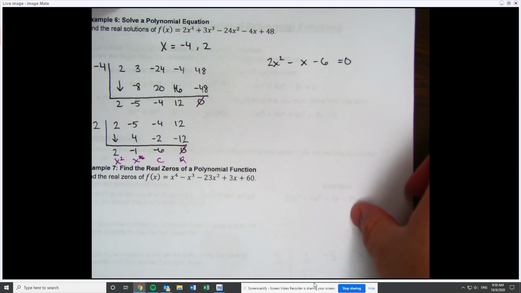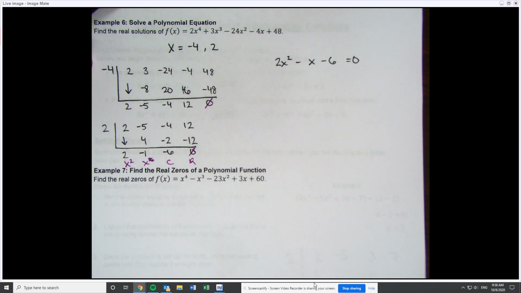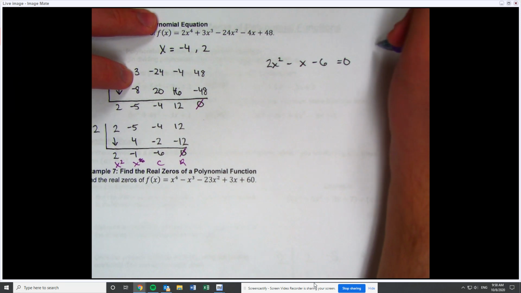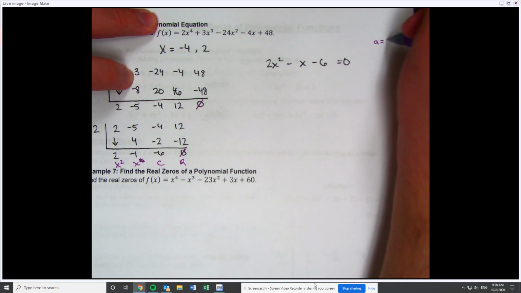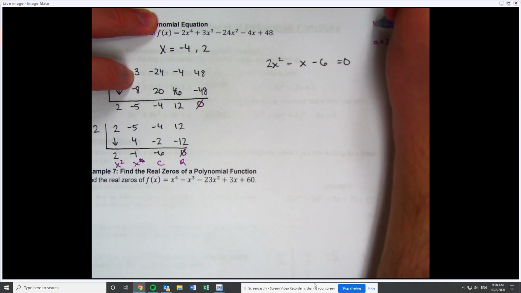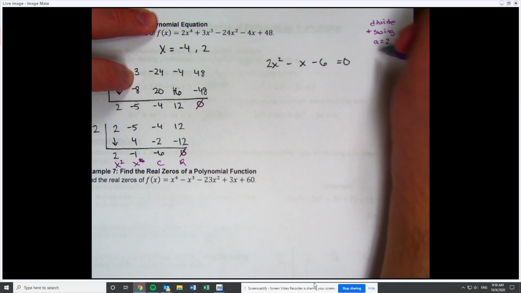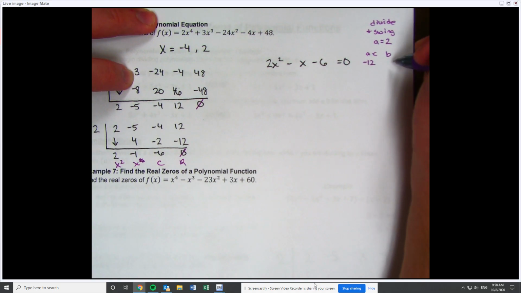Well, that's not as easy as the previous one, but we can at least use the ABC method on this one. Now, first thing to notice is our a equals 2. That means divide and swing. So divide and swing. All right, so a times c is going to be -12, and our b value is -1.